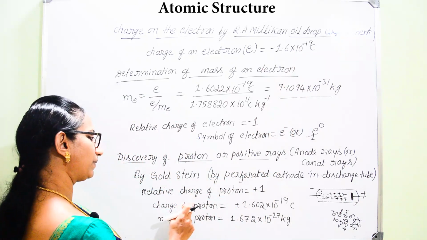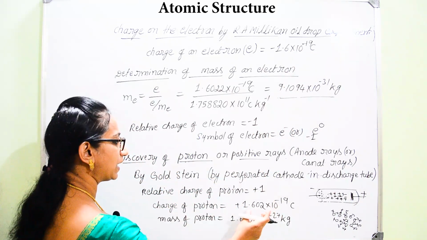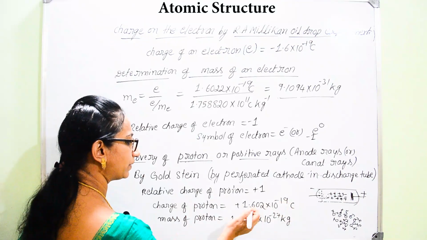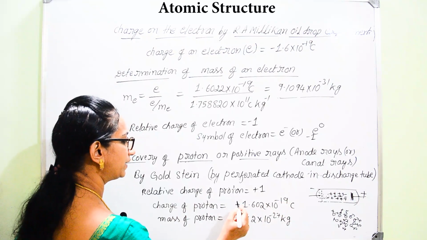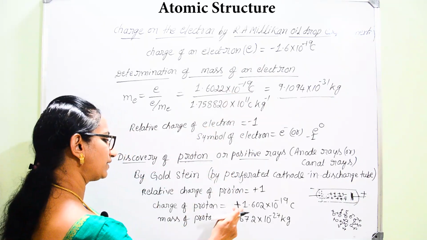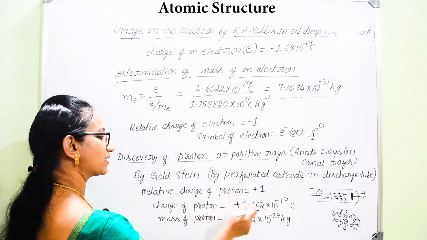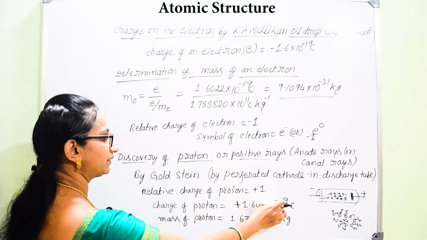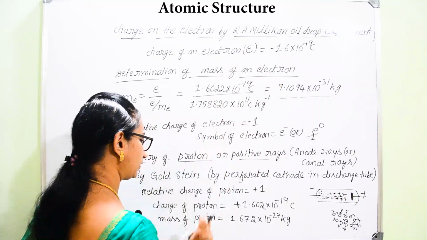Then proton will have the same charge value, 1.602 into 10 power minus 19 coulomb, but what is the relative charge? It is plus. For electron it is negative, but for proton it is positive. That is the only difference, otherwise the value will be the same. So 10 power minus 19 coulomb here also.